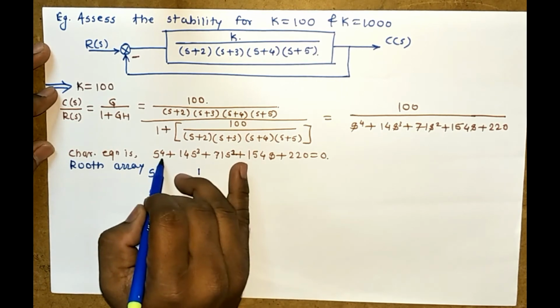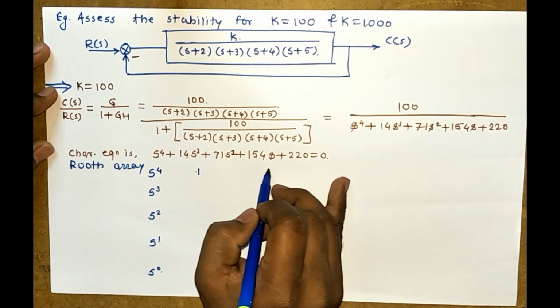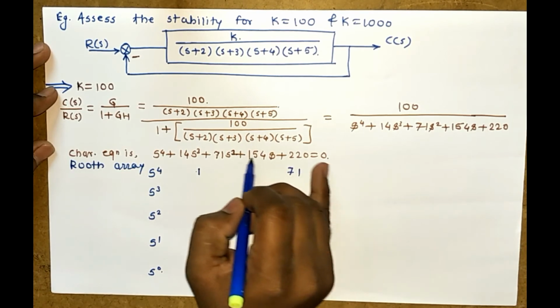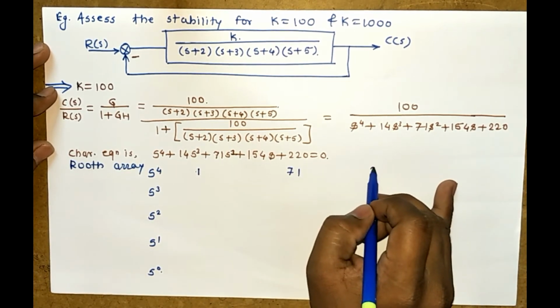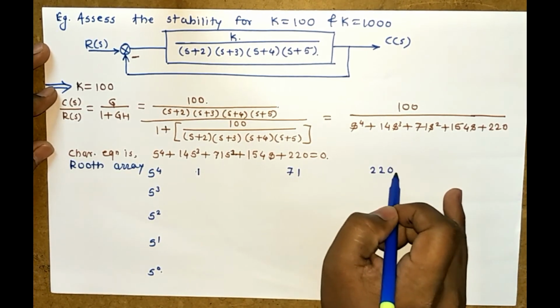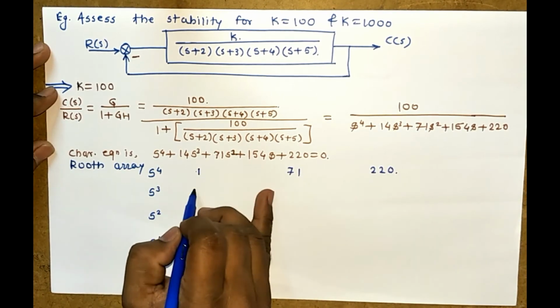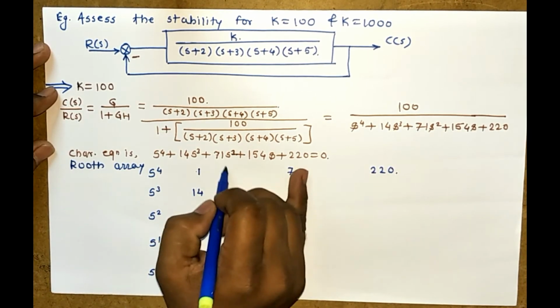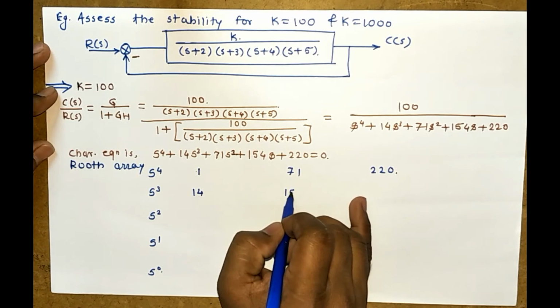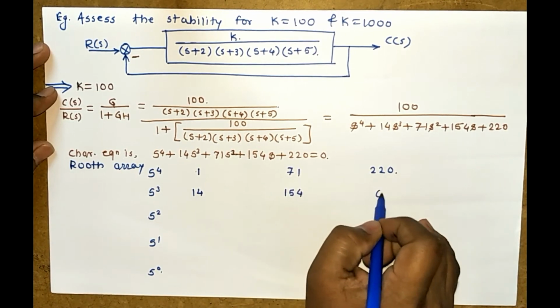Now the coefficient of S4 is 1. Skip one term, that is the next term is 71. Again skip one term, 220. Coefficient of S cube is 14. Skip one term, 154. Last term is 0.